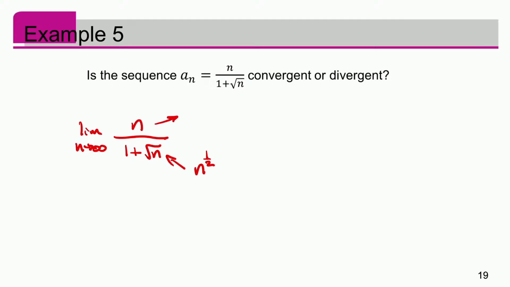This here is into the first power. So degree of the numerator, the highest power in the numerator, maybe that's the way we could say it. The highest power in the numerator is 1. Highest power in the denominator is 1/2. So 1 is bigger than 1/2. This will diverge. So this one diverges.